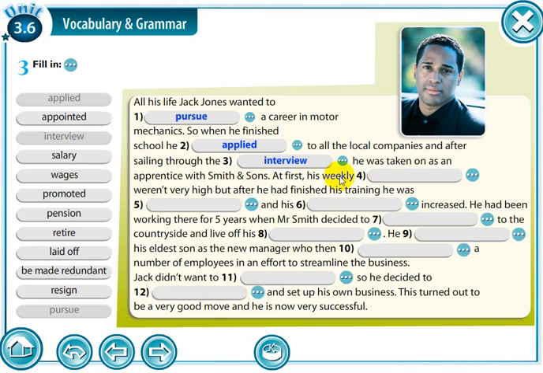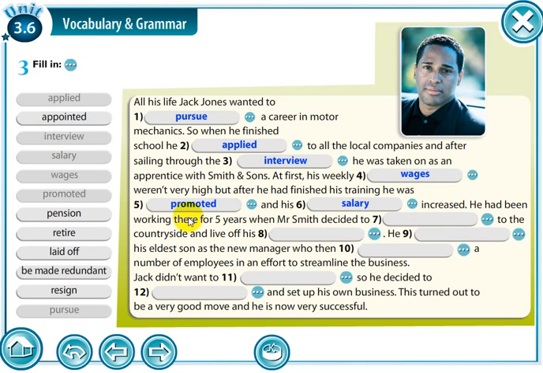At first, his weekly wages were not very high. But after he had finished his training, he was, of course, promoted, and now he is working a permanent job, so he has a salary increase.